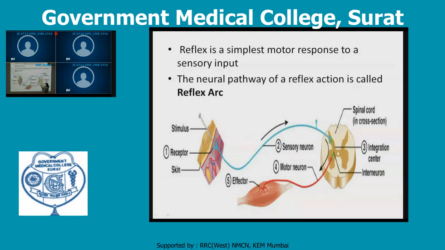Then this EPSP and IPSP, if they propagate into the efferent limb, are converted into action potential, and then they propagate in the efferent limb. In the neuromuscular junction, first the miniature end plate potential is generated, and then the end plate potential is converted into action potential, and then the muscle is stimulated. This way, the whole reflex arc is completed.